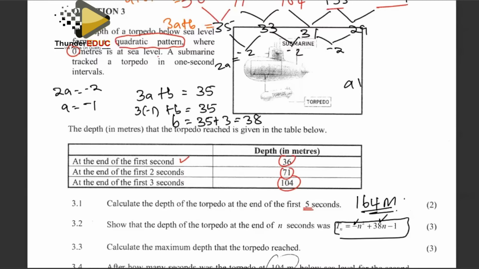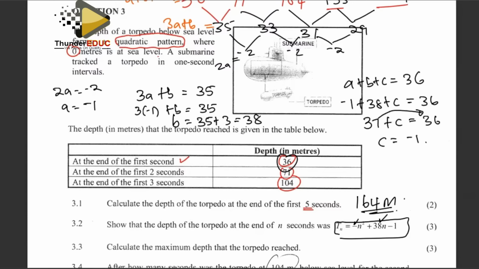Then lastly, a plus b plus c should give us the first term, which was 36. So if your a is -1, your b is 38, plus c gives us 36. When you simplify this, it's going to be 37 plus c is 36. Move the 37 that side, c becomes -1, meaning that the Tn is indeed -n squared plus 38n minus 1.